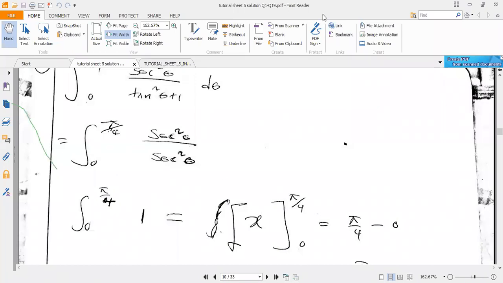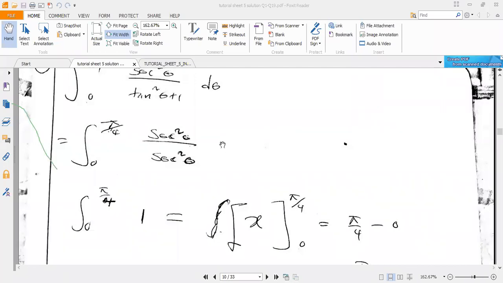Yes, I can see the other two hands. That is from Anthony Nkonde. My question is on the tan squared plus 1. You're saying that it's equal to sec squared. Are we integrating tan squared plus 1 or what? Because tan squared is the same as sine squared over cos squared, plus 1, and sec squared is 1 over cos squared.